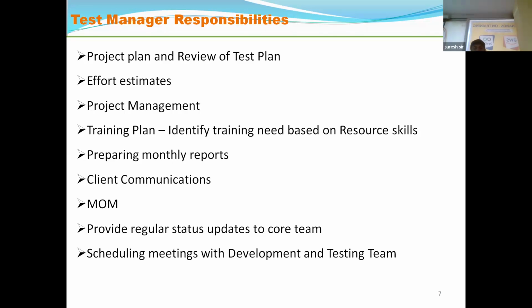All the online students also, take care of each and every point.